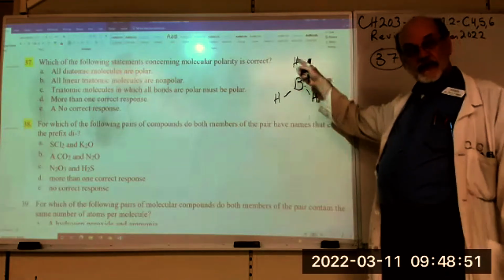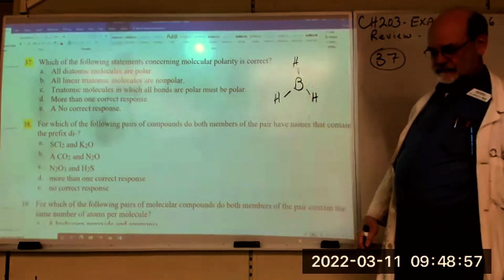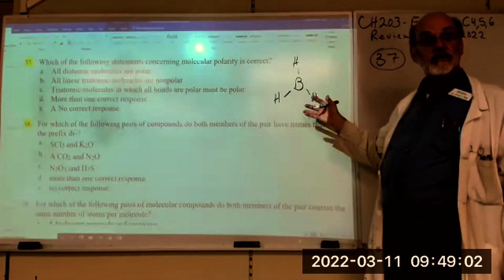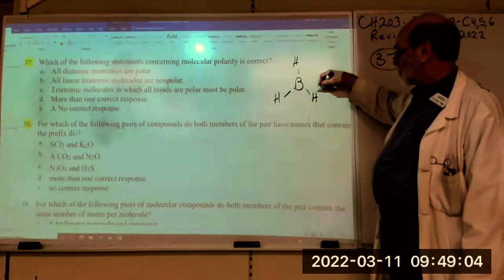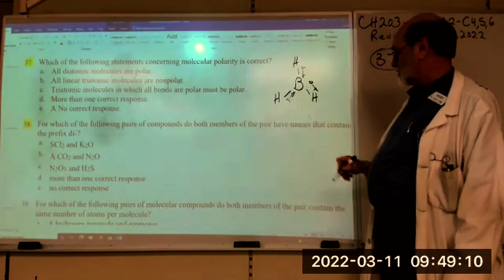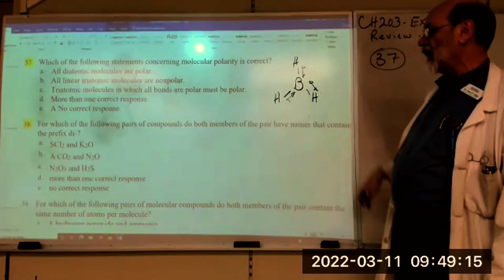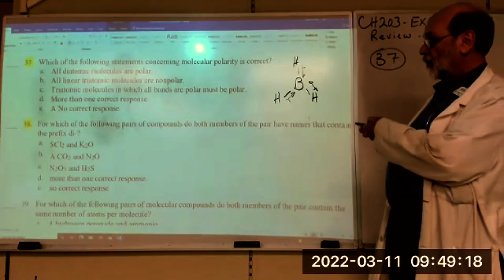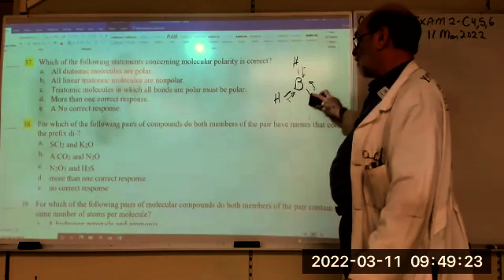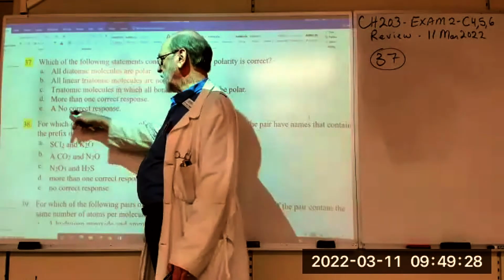So 3 bonds, three groups around that central atom means trigonal planar, which means it's nonpolar. But boron is less electronegative than hydrogen, so all those bonds are slightly polar, but the overall molecule is nonpolar. So we've got an example here that invalidates this one. So that means none of these are correct.